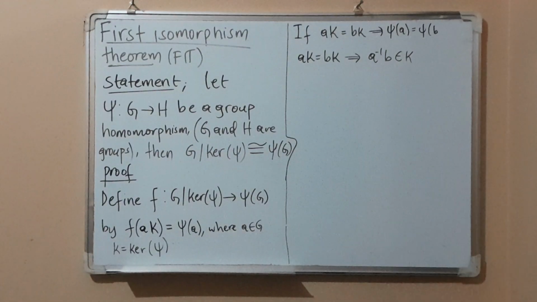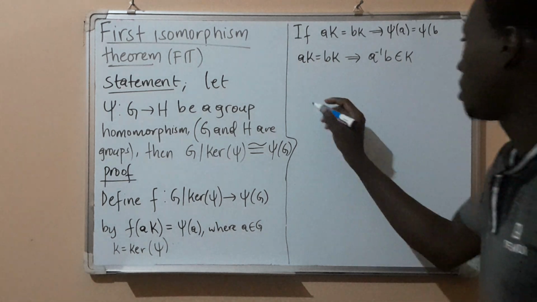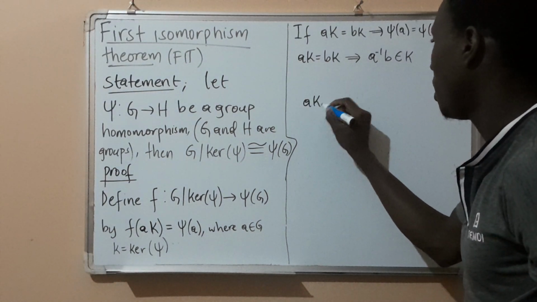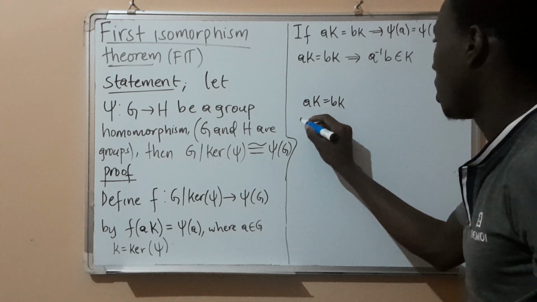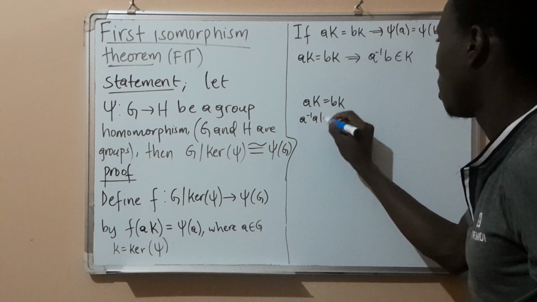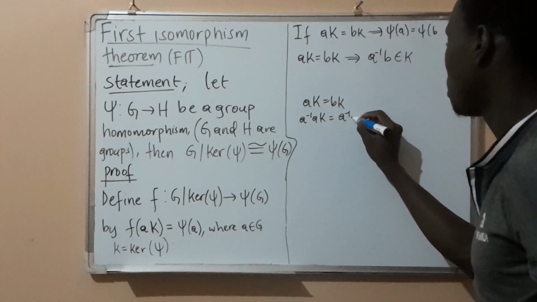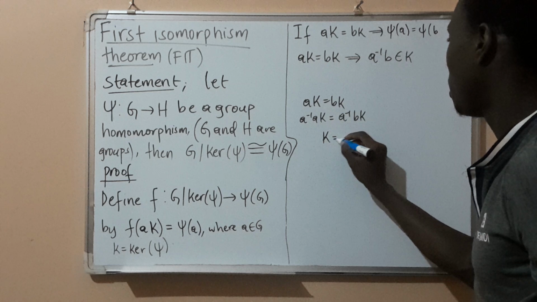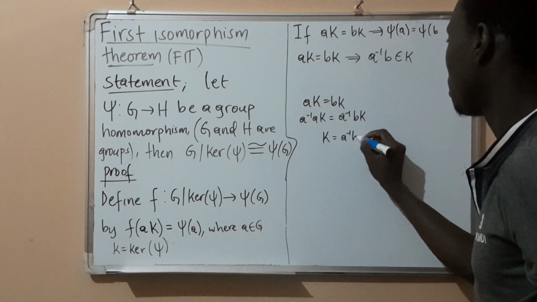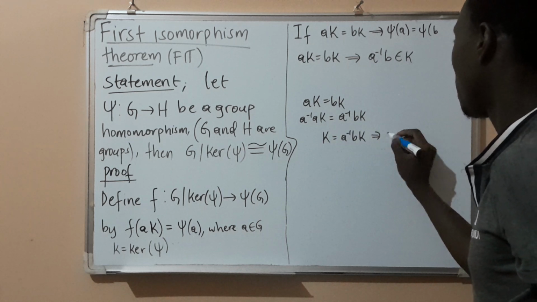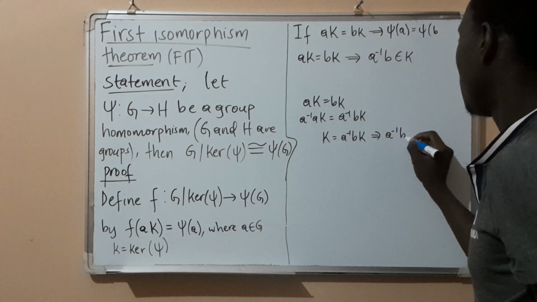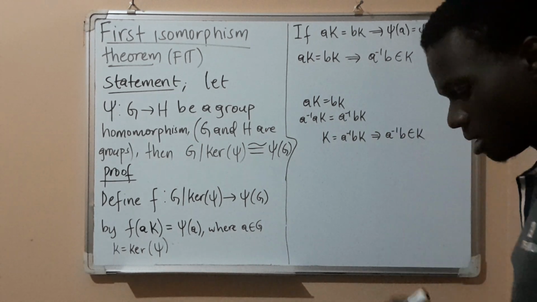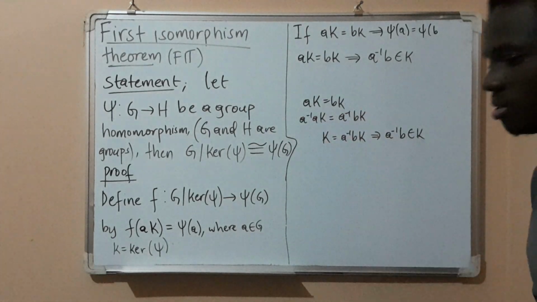You can do some cancellation. You can bring this a to this side. For example, you have aK equals bK. You can do something similar to this. So we shall have K being equal to a inverse bK. So this implies that a inverse b is an element within the kernel.